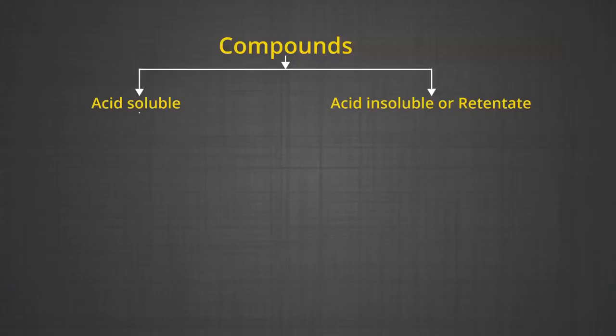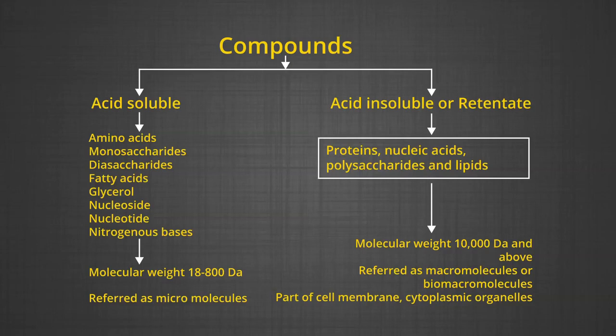So, in a nutshell, you can say that a compound is divided into two categories. One is the acid soluble pool and the other is the acid insoluble. You can use another word for acid insoluble, that is retentate. The acid soluble pool includes amino acids, monosaccharides, disaccharides, fatty acids, glycerol, nucleotides, nitrogenous bases. But in the acid insoluble pool, there are only four categories: proteins, nucleic acids, polysaccharides and lipids.